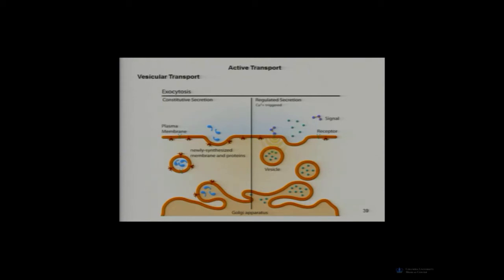Okay? So let's say you are synthesizing a protein, let's say the protein is a hormone, right? This is an endocrine organ. It's synthesizing its hormone, and it gets a signal from the outside to release that hormone. So that hormone is being stored in secretory vesicles, and they're just little bubbles of plasma membrane that contain something.